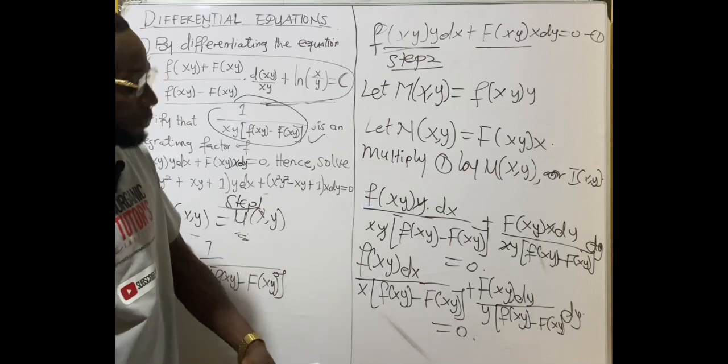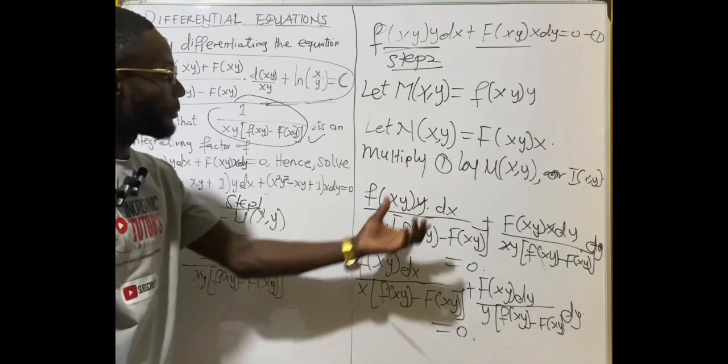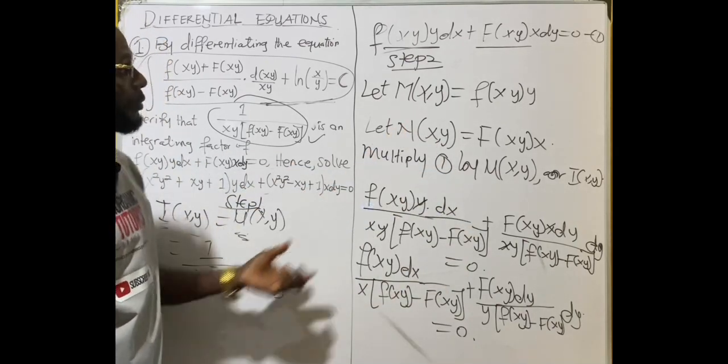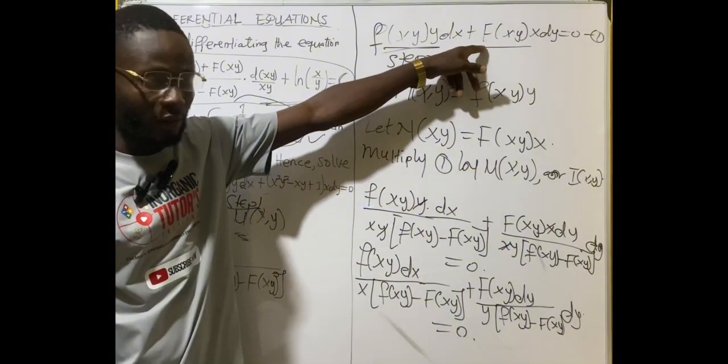So we have been able to simplify after multiplying the integrating factor by what? The equation 1, right?